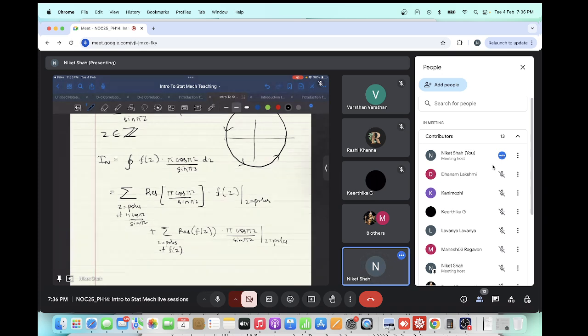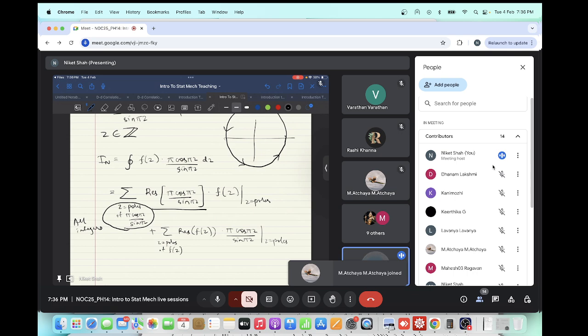Okay, so if you understand this much, one more point I'll add and then I'll ask. The poles of this function are just all the integers, and the residue of this function at those poles is just 1.